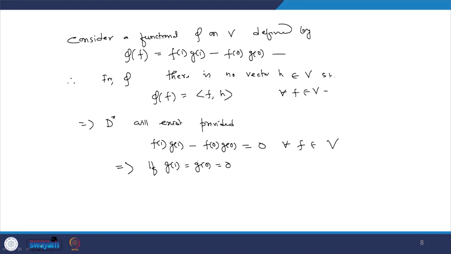So, if we choose a fixed function g such that g of 1 equals 0 and g of 0 equals 0, then we are getting the adjoint for the operator D. Otherwise, D does not have an adjoint.